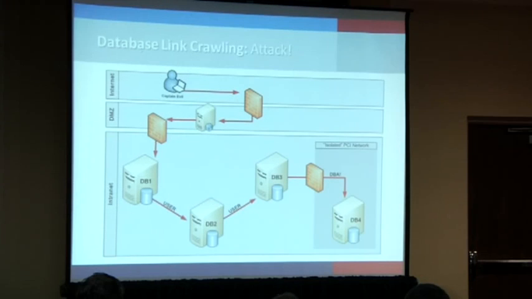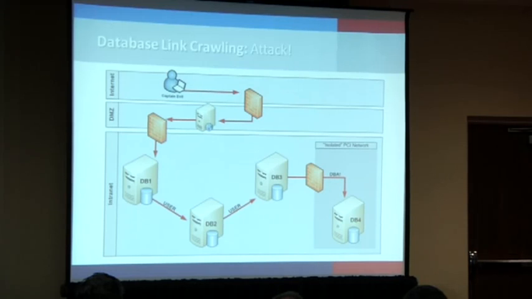So here is kind of a normal network diagram of what we've seen. When we do an external test, we might find an application server with SQL injection that you can see in the DMZ that connects back to the database server in the internal network, DB1.